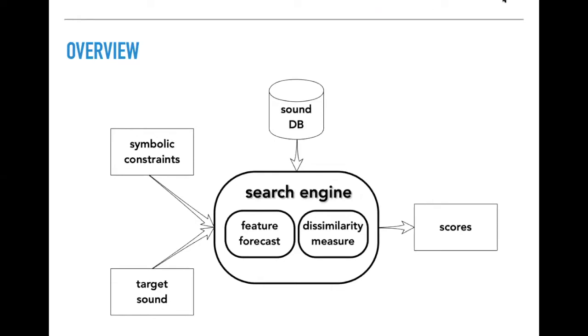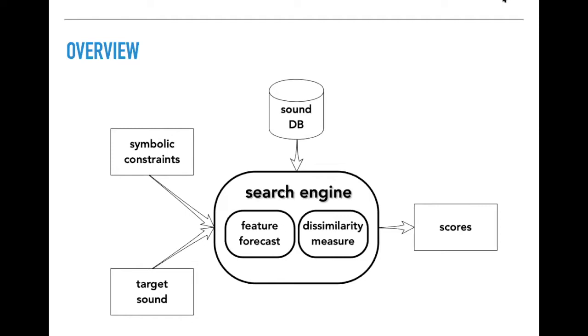The general structure of this problem is that we have a target sound on the left. We have some constraints, like musical constraints. We have a database of sounds, which in our case would be Studio Online, so SOL. And then you have a search engine that does two major things that I want to discuss.